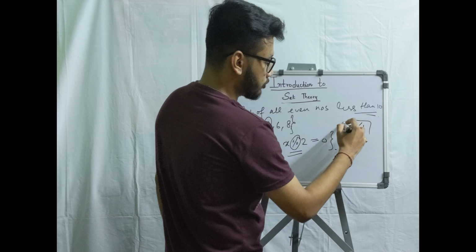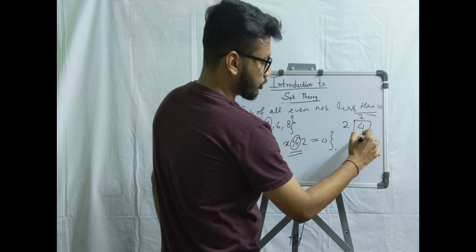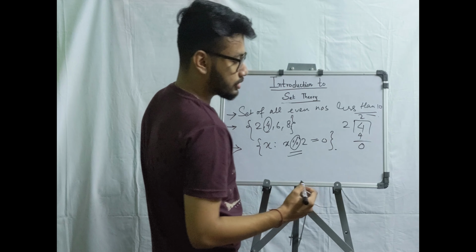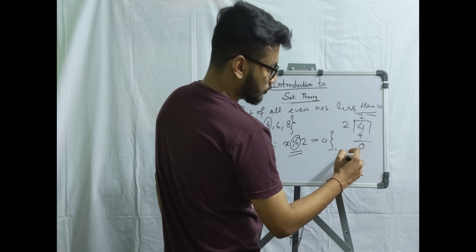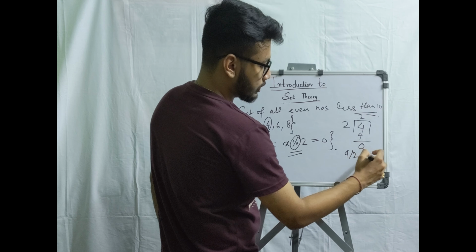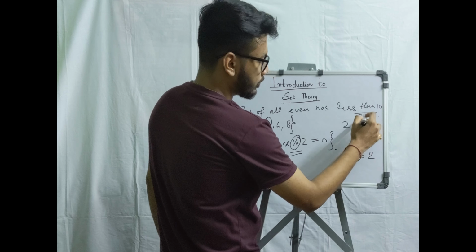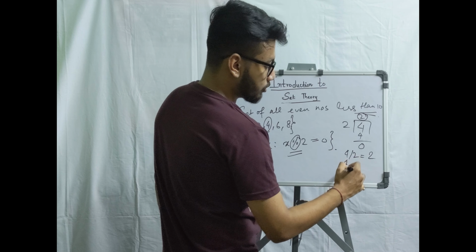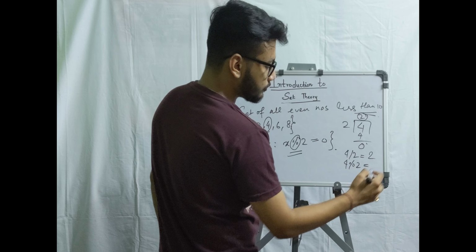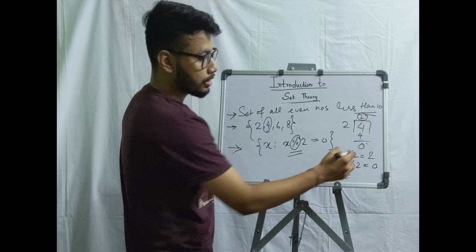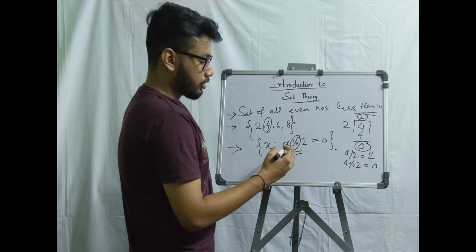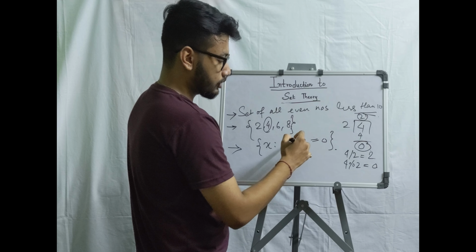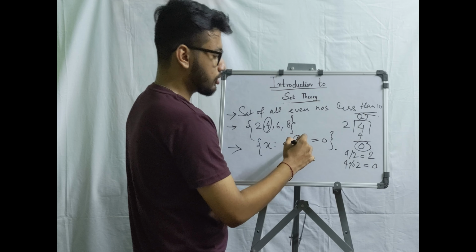If I divide it by 2, 2 times is 4, and the remainder is 0. If I write 4 divided by 2, it is nothing but the quotient. But if I want to get the remainder, we write 4 modulus 2, which equals 0. This modular symbol basically denotes the remainder.